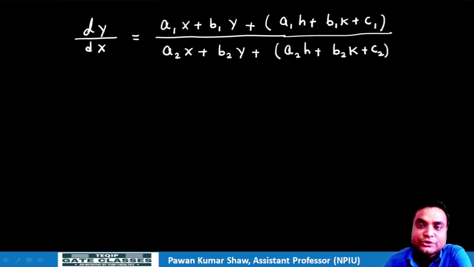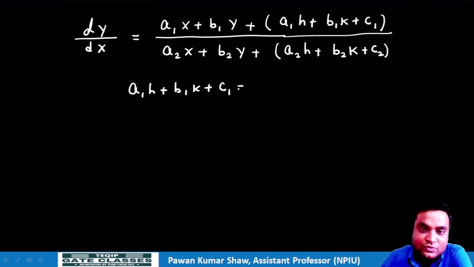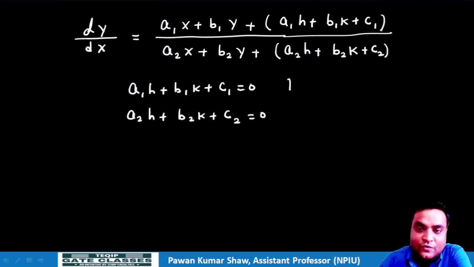Basically we want to shift x to X plus h and y to Y plus k, and find the values of h and k so that we can convert our right hand side function into a homogeneous form. And from here we have to find h and k.